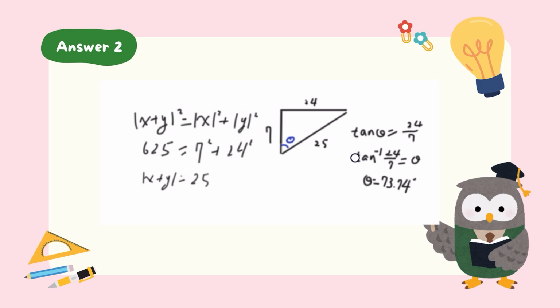In this diagram, we can see how we form x plus y, which is the magnitude of x squared plus the magnitude of y squared. We get the magnitude of x plus y equals 25, and then tangent theta equals 24 over 7, so theta equals 73.74 degrees.